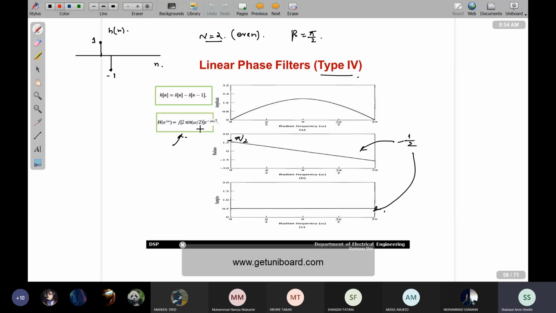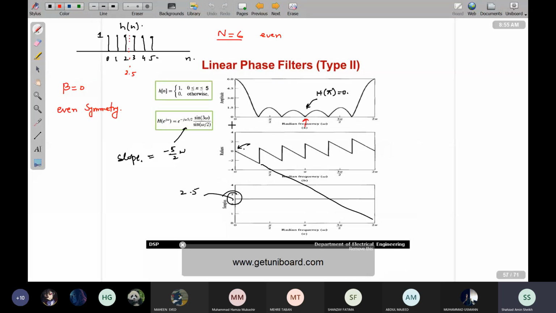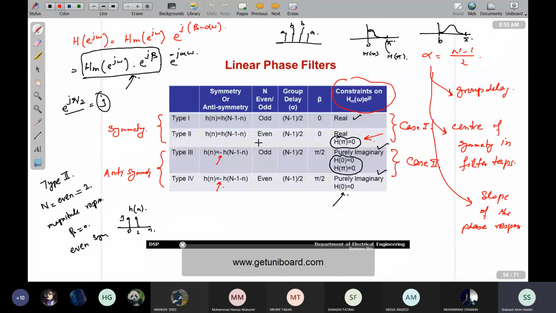The phase response is pi by 2 minus omega by 2. Pi by 2 is the intercept, and minus 1 over 2 is the slope of the line. As a result, the group delay is 0.5, and you can see that h of 0 is equal to 0, as we had already talked about: for type 4 filter h of 0 is equal to 0.